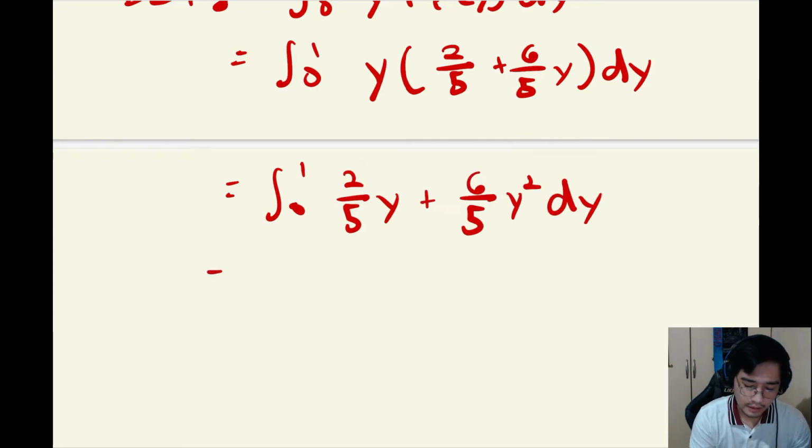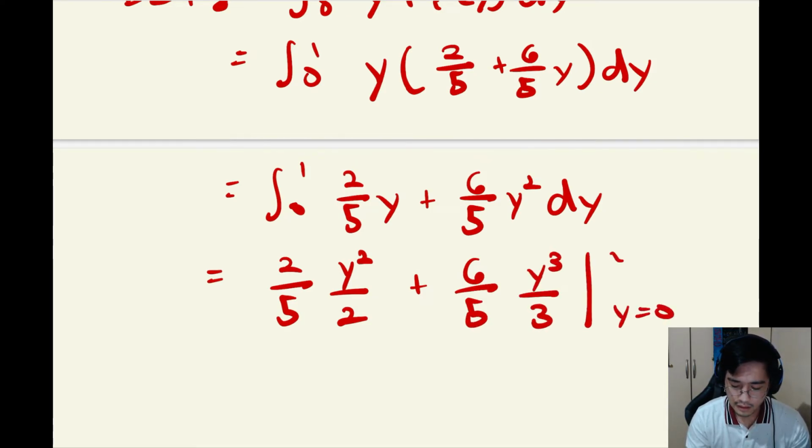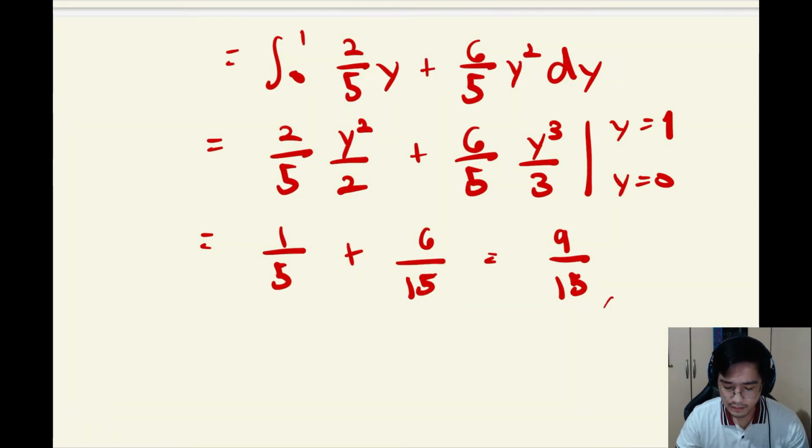Integrating, we get 2/5 y squared over 2 plus 6/5 y cubed over 3, from y = 0 to y = 1. We obtain 1/5 plus 6/15, and this is equal to 9/15. So we remember this once again.